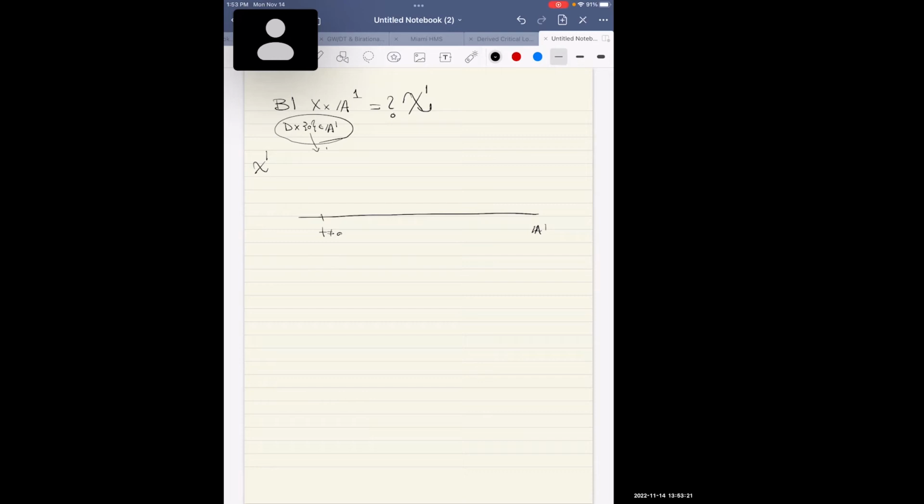Okay, I'm not touching the fiber, so I still get X. And then it says, touch the fiber exactly where t becomes equal to 0, in the sense that you blow up that fiber along D.